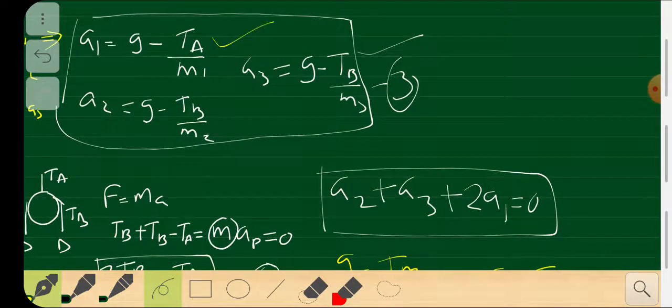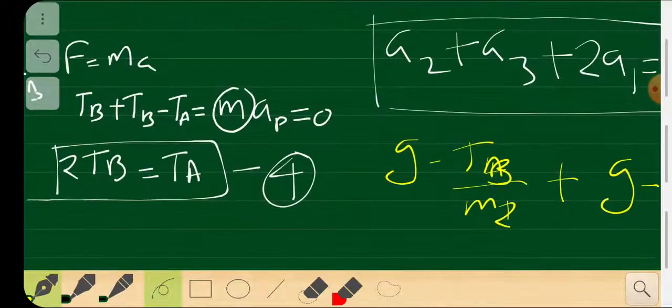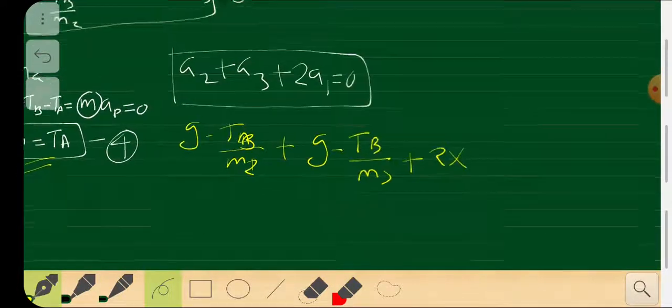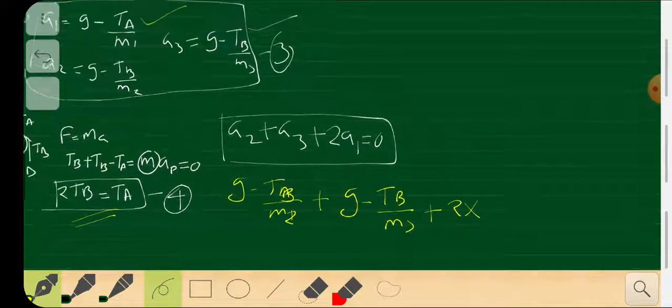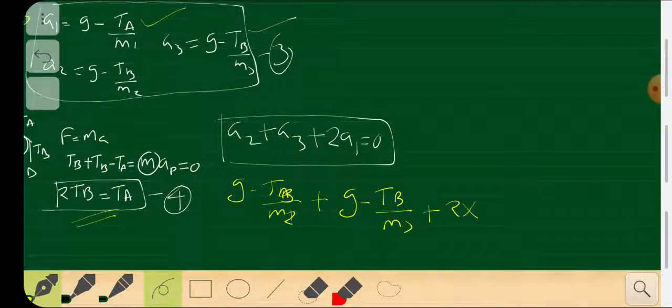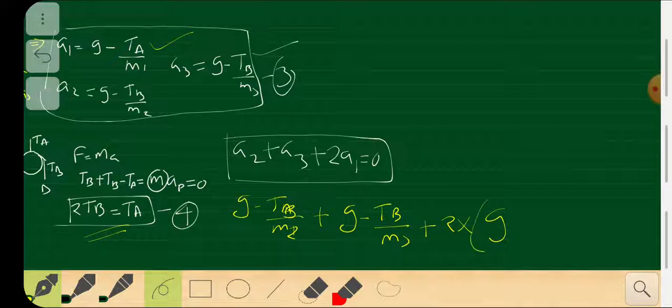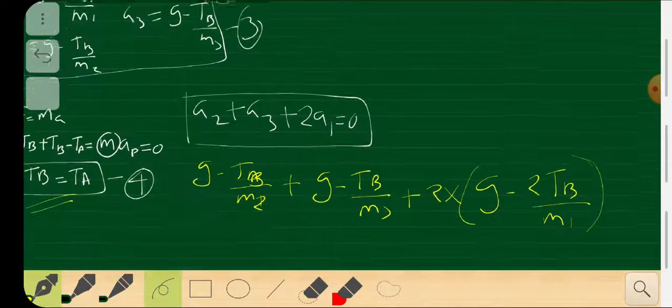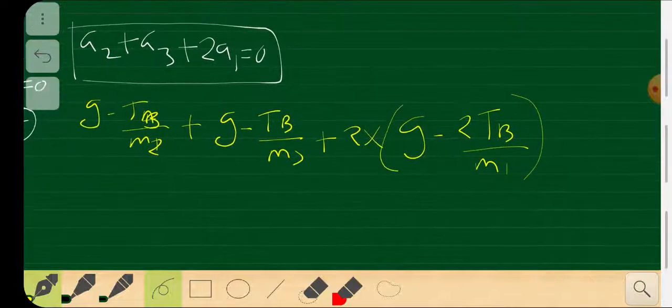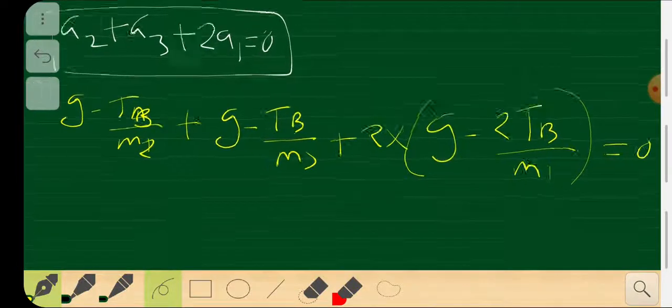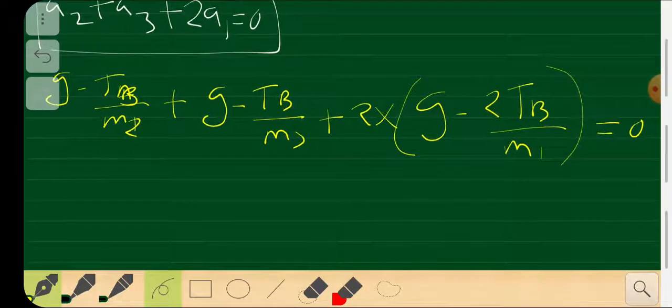We got that TA is equal to 2TB, so I'm going to substitute that here. So you get 2 times g minus 2TB by m1, and this must be equal to 0. Now things are getting much better for us. So you can simplify this equation.